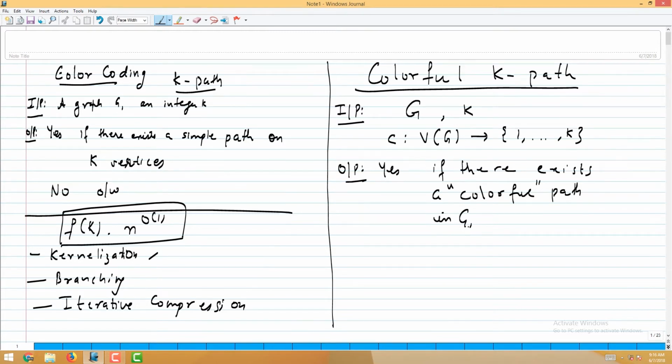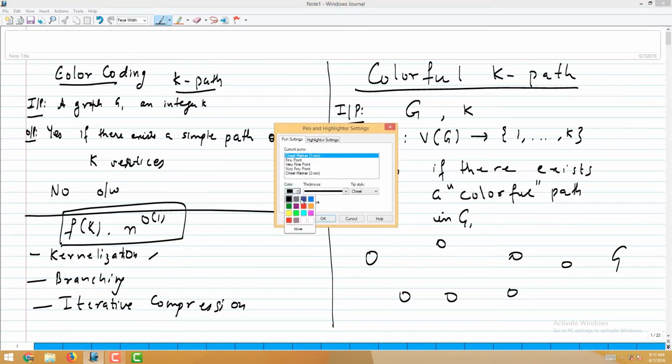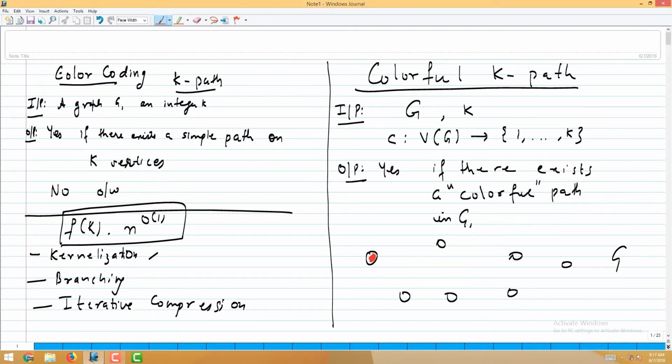Okay, so let's see an example. Let's say this was the graph G, and let's say the vertices of the graph were colored with some 3 colors. Suppose k was 3 and the vertices of the graph were colored with 3 colors. So let's say this vertex was colored red. In the input, the input graph looked like this.